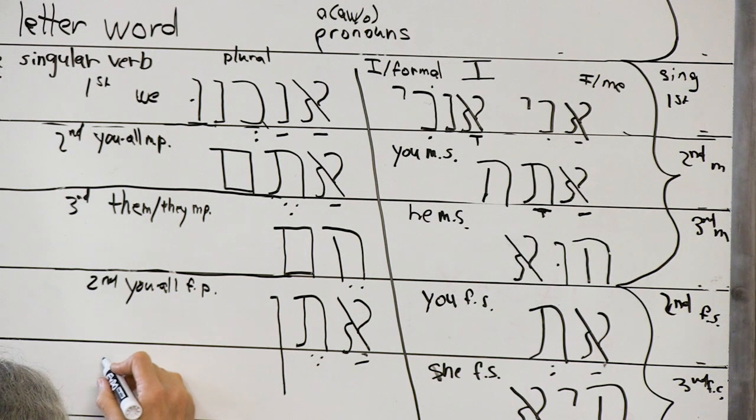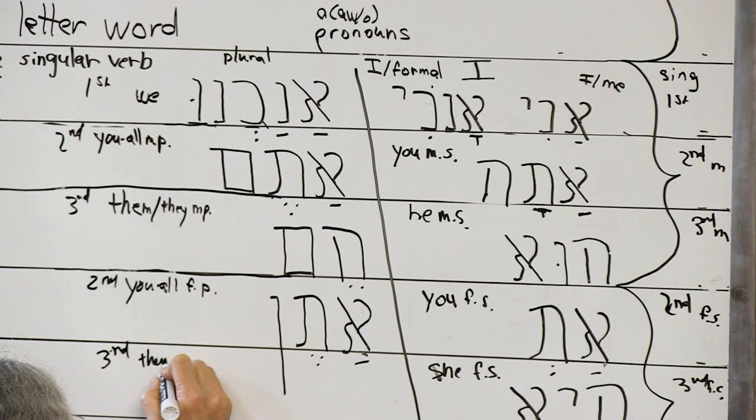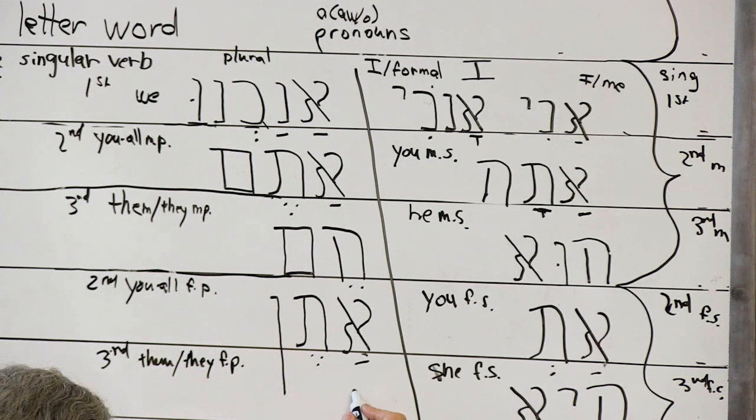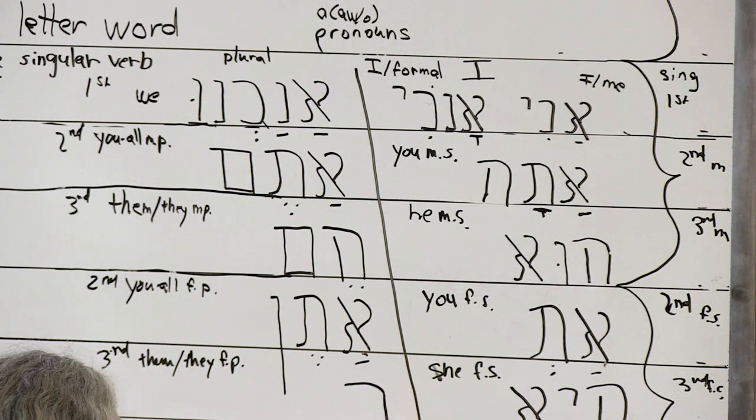And then they, third person, feminine plural, is hen.